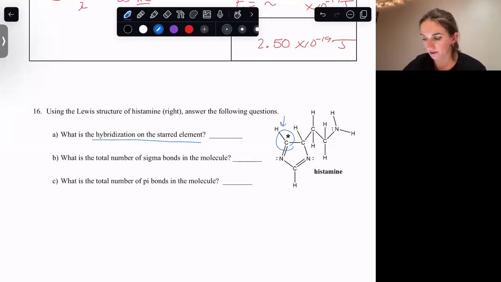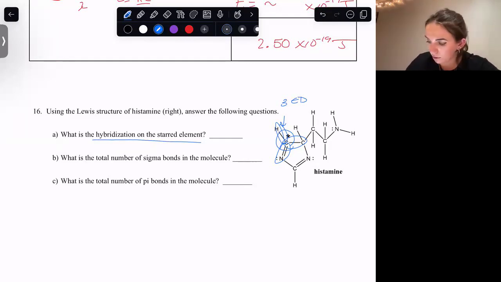How many electron domains does the carbon have here? It has 3, right? The double bond counts as 1 electron domain. It's stuck between the carbon and the nitrogen. So there's 1, 2, 3 electron domains. That means you need 3 hybrid orbitals in order to determine its hybridization.